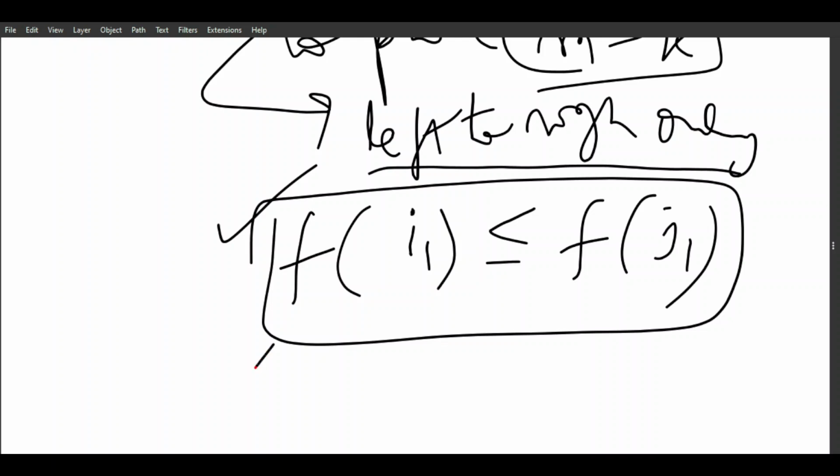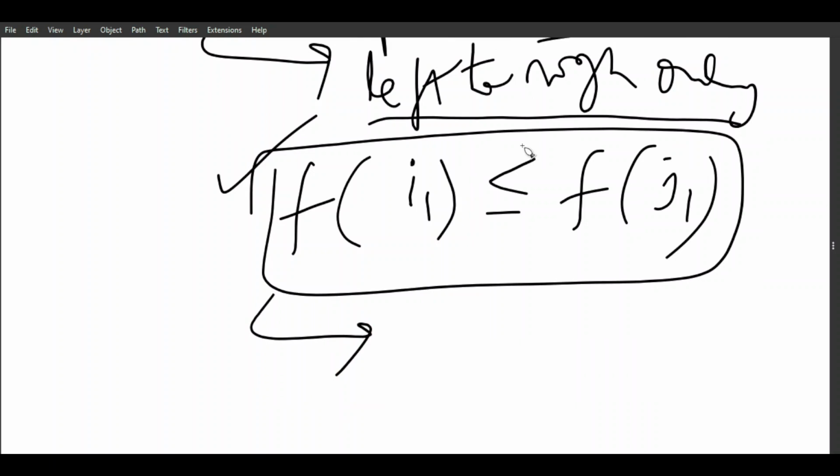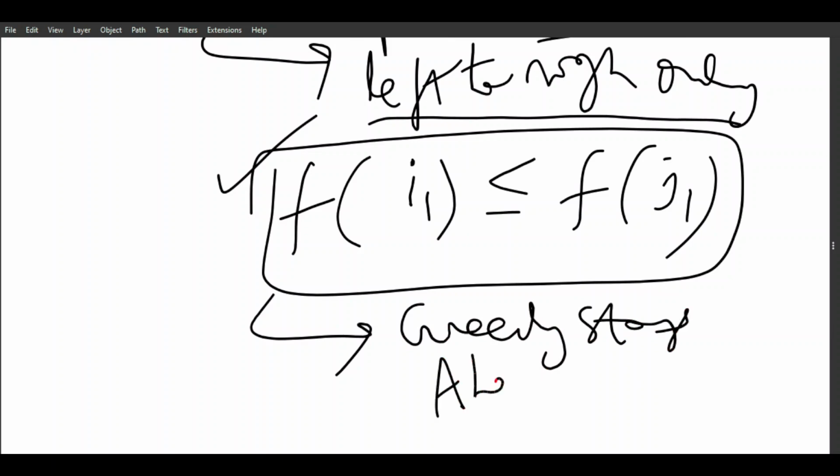This is the idea that greedy stays ahead of opt: the first task of our algorithm finishes before any other solution's.